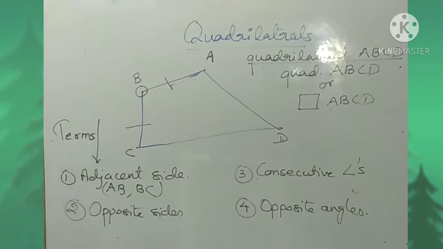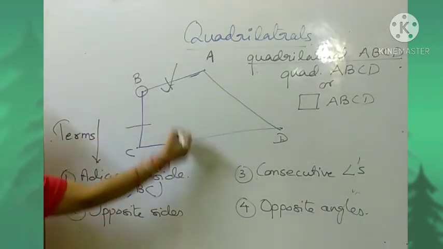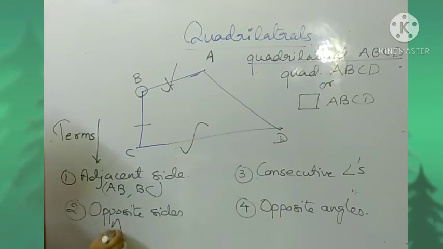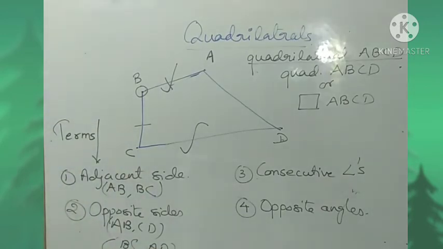Next is the opposite sides. Now AB and CD are opposite sides, and BC and AD are opposite sides. How can we define opposite sides?